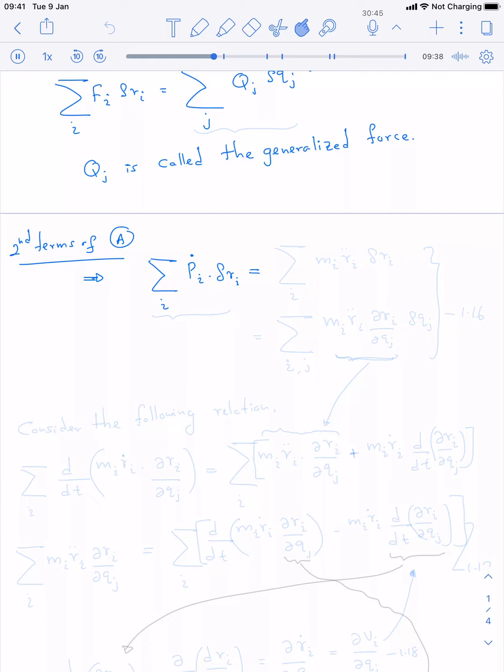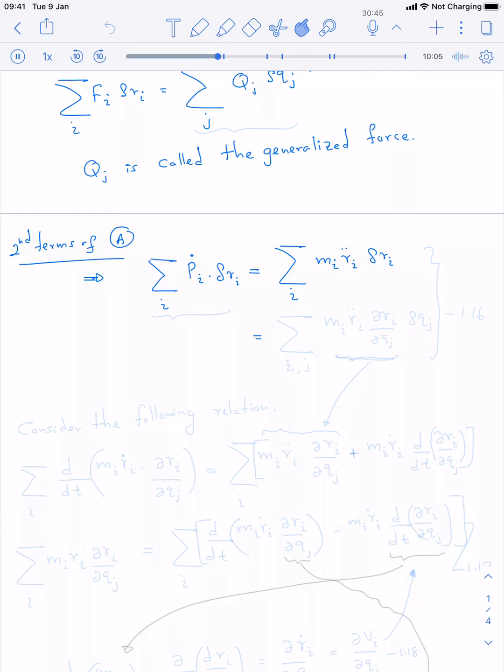Now I can write Pi dot, the rate of change of momentum, which is basically Mi times Ri double dot, and then delta Ri. For the first step, let me keep it as it is, and this is summed over i.